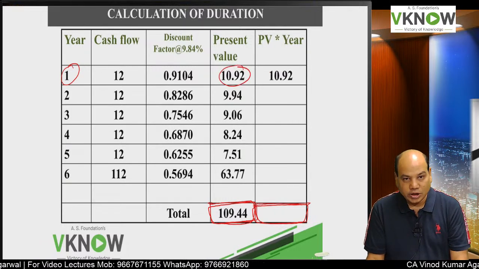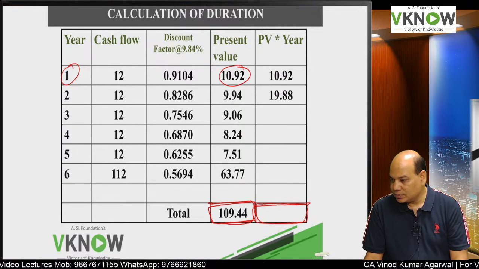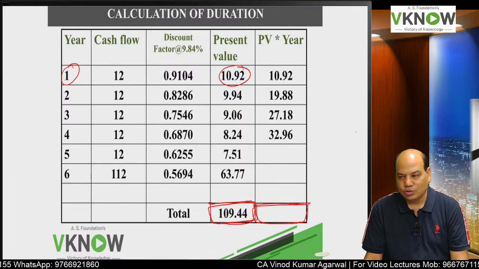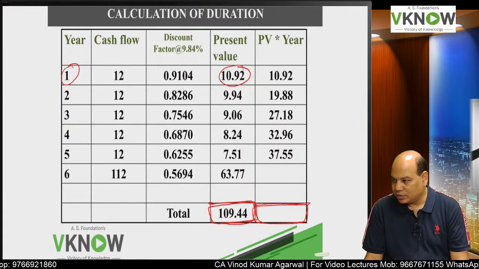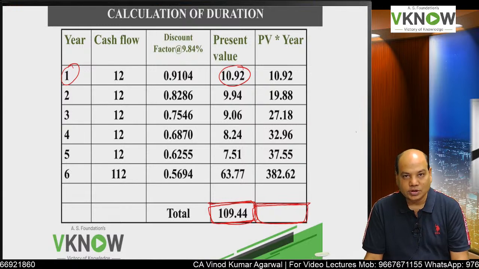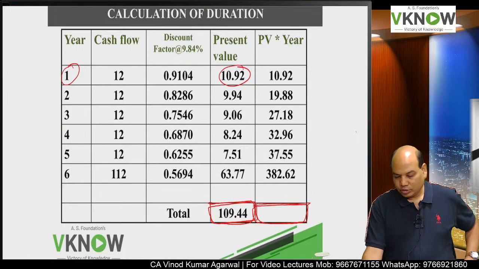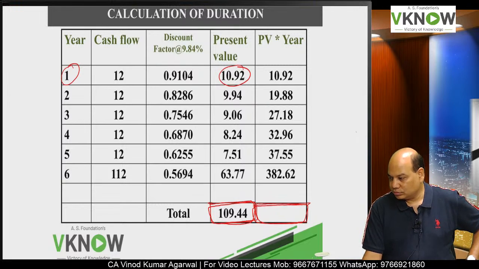Use the memory plus function. 1 into 10.92, 2 into 9.94, 3 into 9.06 memory plus, 4 into 8.24 equal to memory plus 32.96, 5 into 7.51 memory plus, 6 into 63.77 equal to memory plus: 382.62.